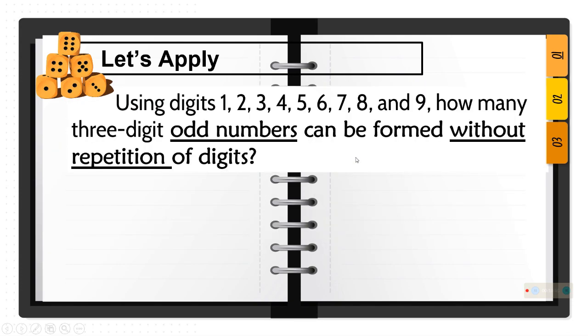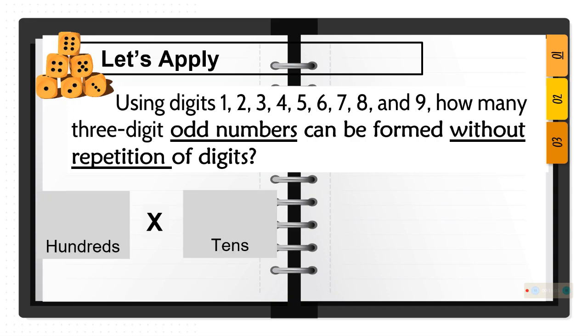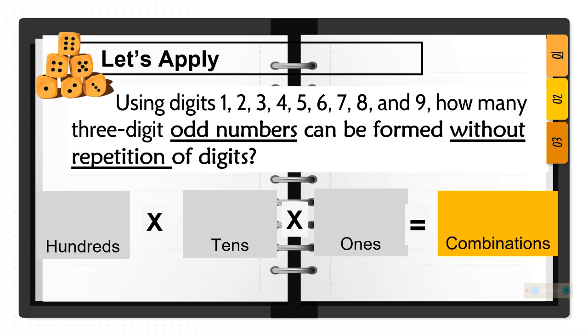Okay? Next, using digits 1, 2, 3, 4, 5, 6, 7, 8, and 9, how many 3-digit odd numbers, still the odd numbers, can be formed but this time without repetition of digits? So what will you do? Still we have the hundreds, tens, and ones, and again odd numbers will be 1, 3, 5, 7, and 9. So still our ones digit here will be 5.